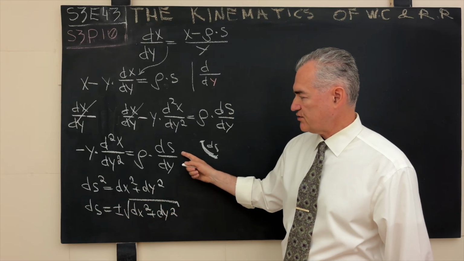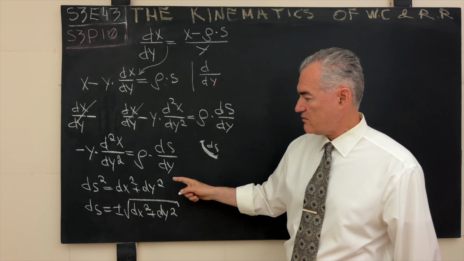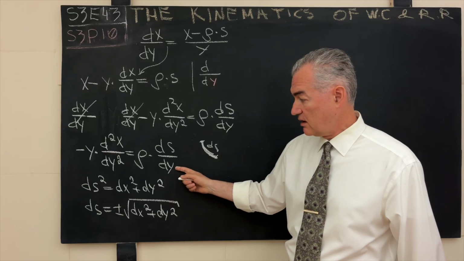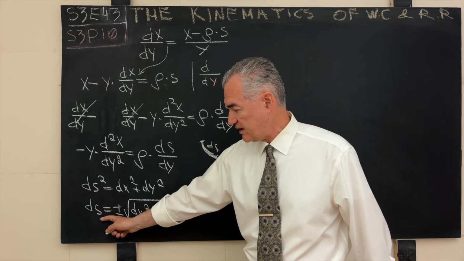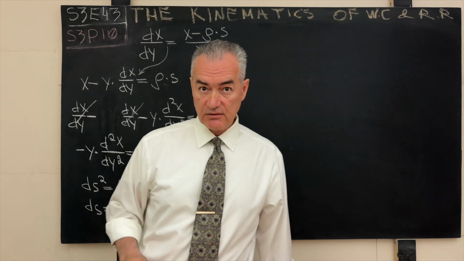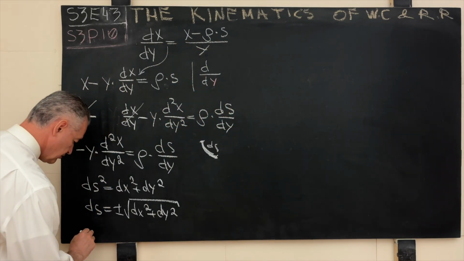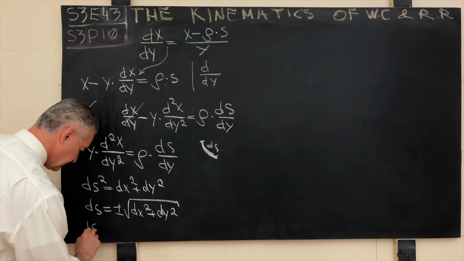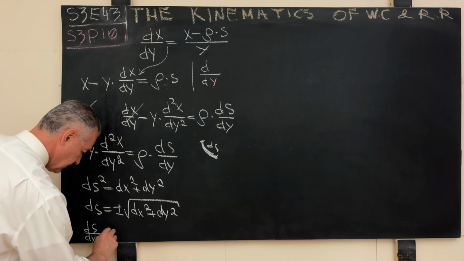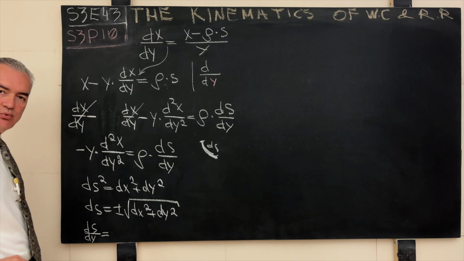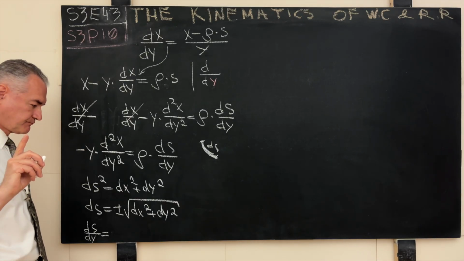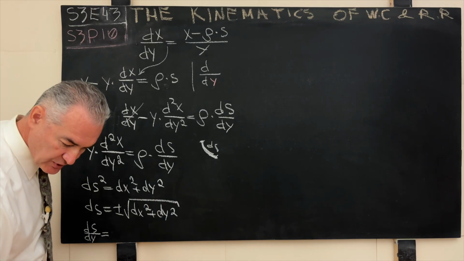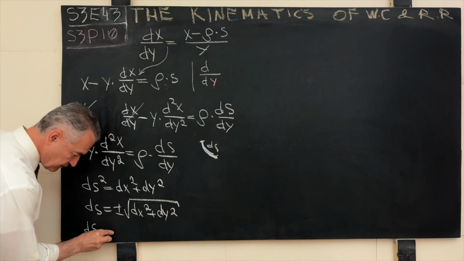But the thing is this, we now do what with this material? We need the first derivative of the arc length with respect to the variable y. So we do the same thing over here, and once we do that, look at this. ds divided by dy is equal to, what sign would you put in front over here, and why? The sign that you put over here, again, let me put this in red. It will be minus.